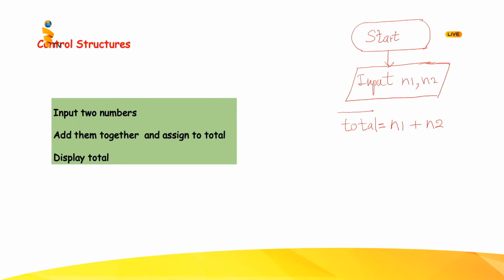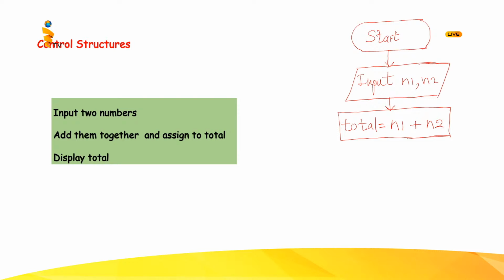So, in order to indicate a process, we use a rectangle. I have to indicate the flow. Remember, all these symbols should be connected with arrows and arrows display the program flow.